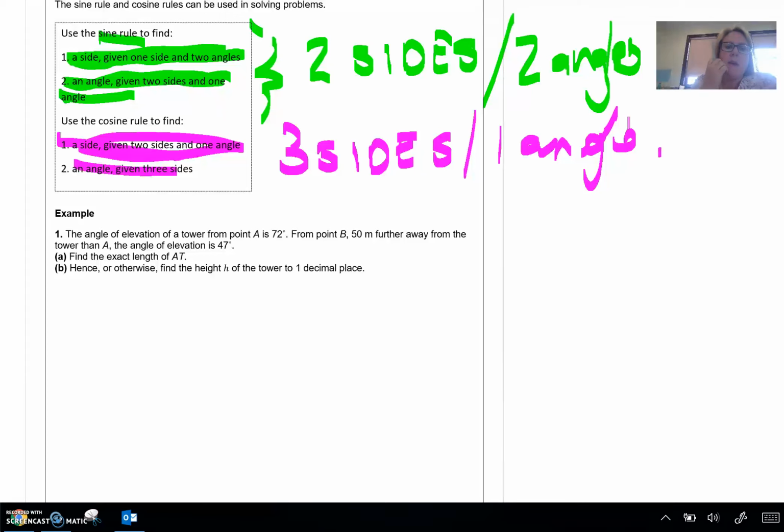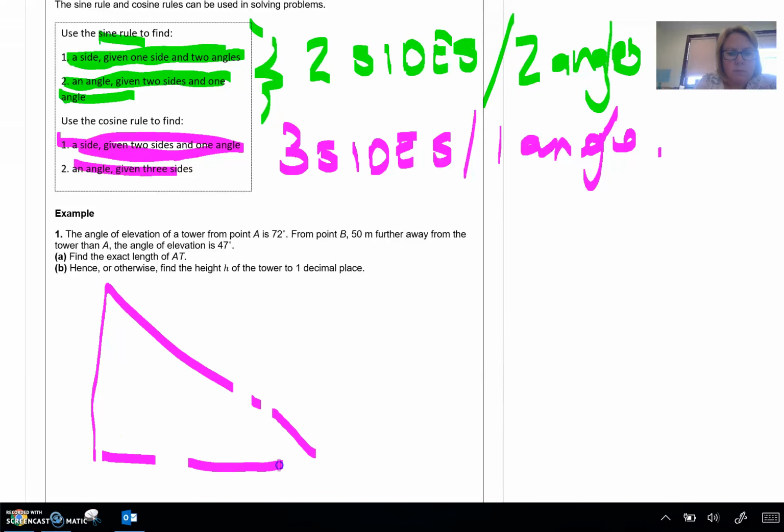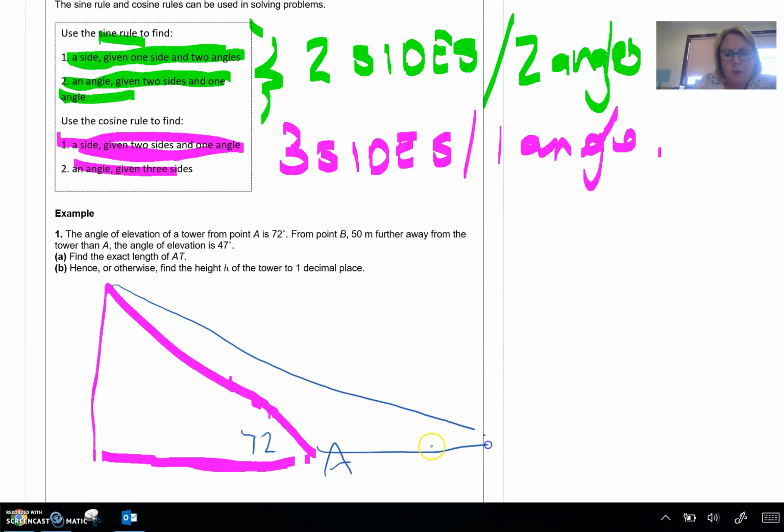Okay. The angle of elevation from a tower is 72 degrees from A. From B, 50 metres further away, the angle of elevation is 47.